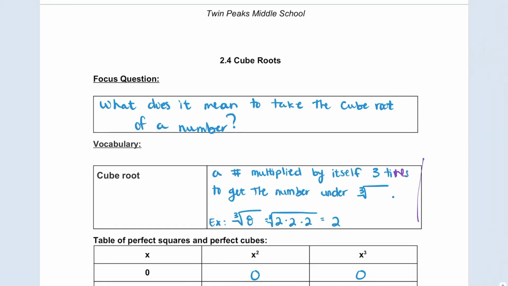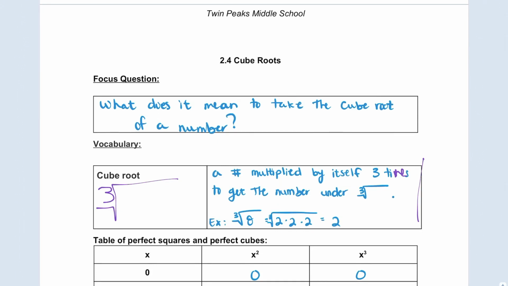Now, notice that the cube root sign is written like this. It has a 3 and then a square root sign. That is very important, okay? So please, whenever you're writing cube roots, please make sure that they have that little floating 3, okay?